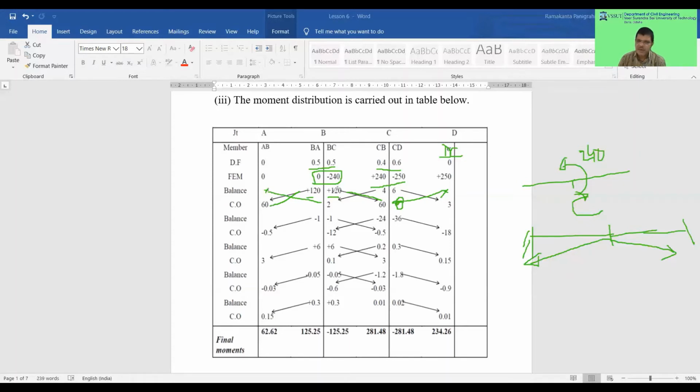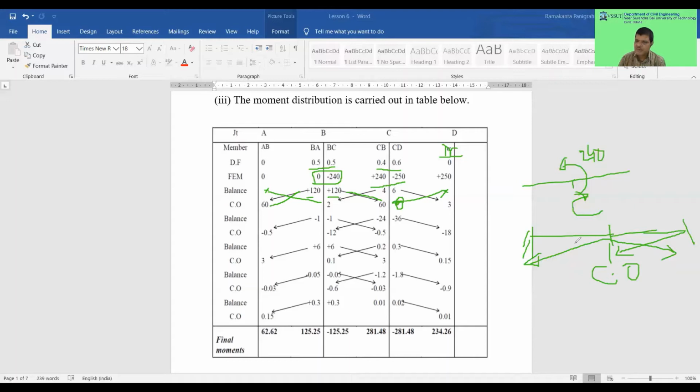The unbalanced moment that you get at the different joints in the members, half of the value will go to the other side. So you see, half will come from here to here, and nothing will come to here from here. So this is how the carryover concept comes.